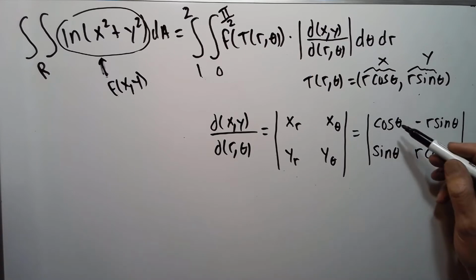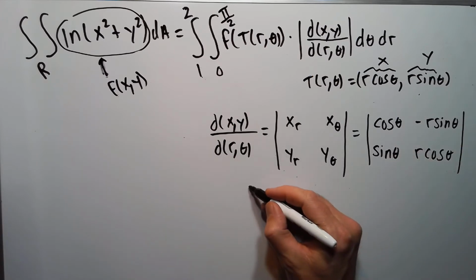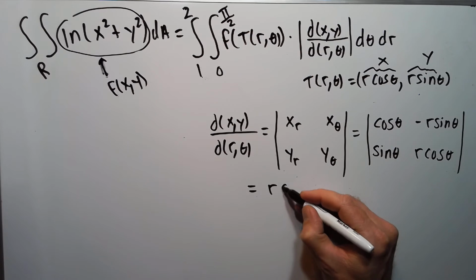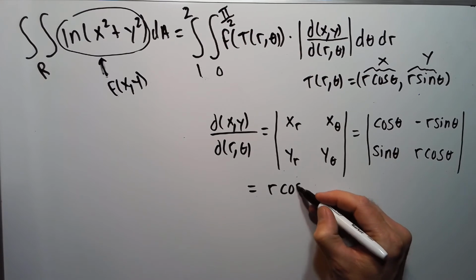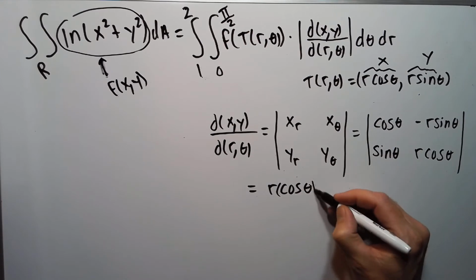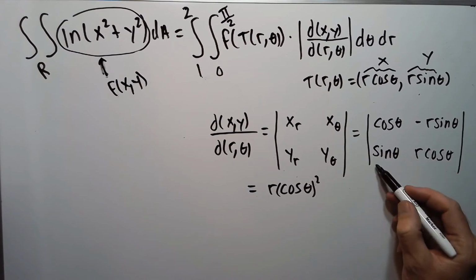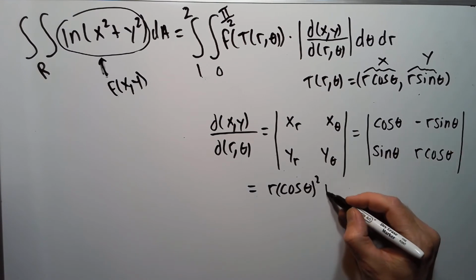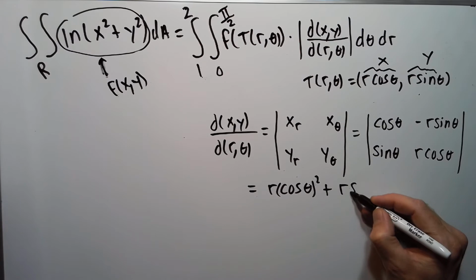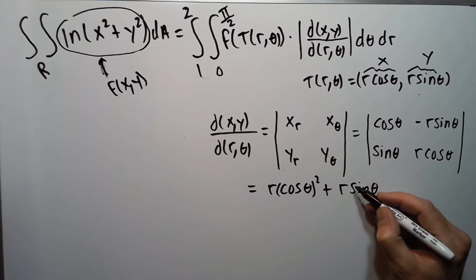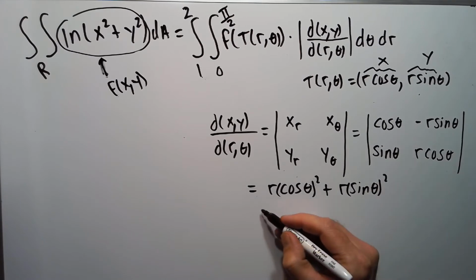So doing this, it'll be cosine times r cosine. Let's do it over here. So it'll be r cosine theta squared. Then that times that minus, but it already has a minus there, so it'll be plus r sine squared, and you can pull an r out.